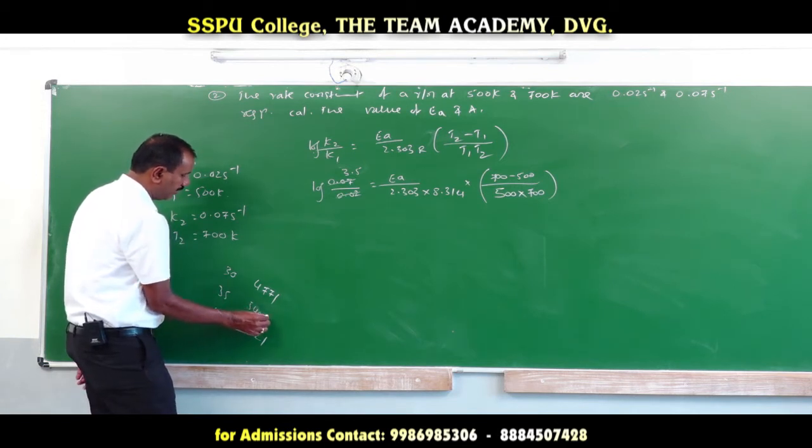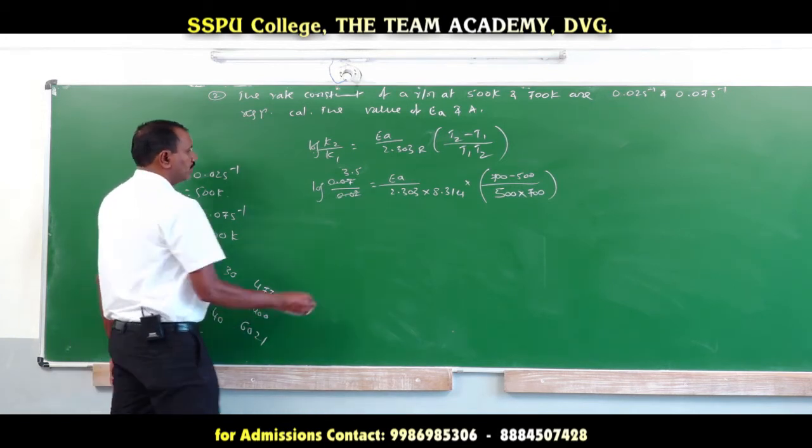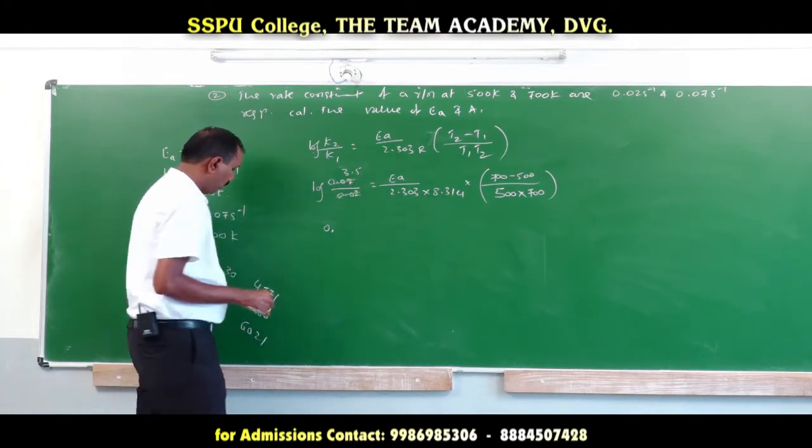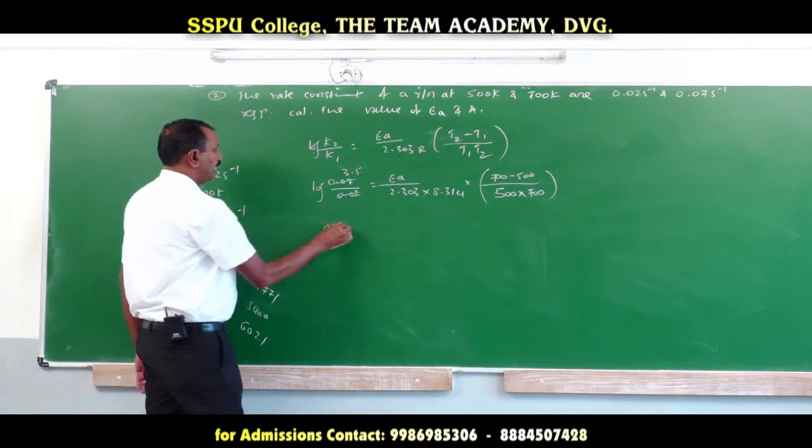We may consider 0.5400. So the characteristic value for 3.5 is 0.